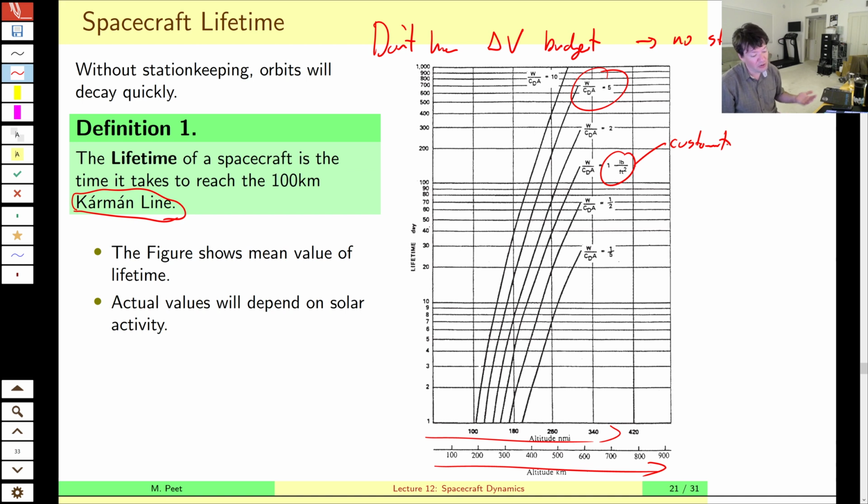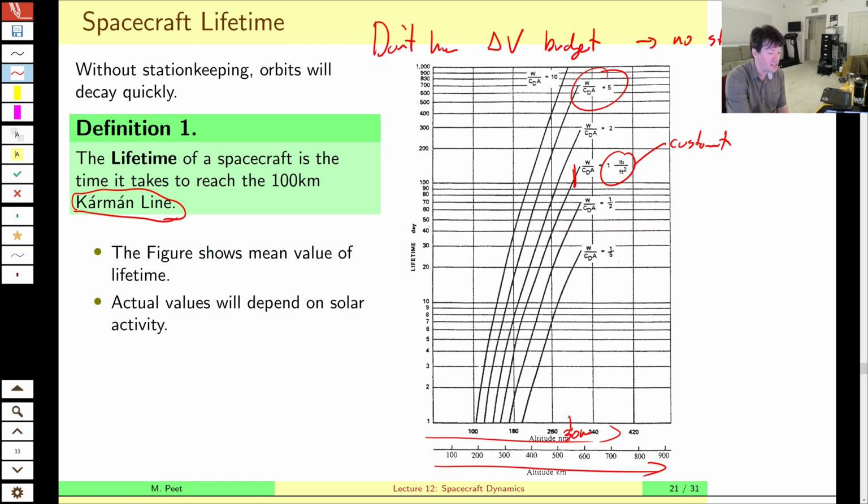Okay. So how long will your spacecraft last if you don't do station keeping? And the answer is, of course, not long. Let's take a nominal spacecraft here at 300 kilometers altitude.